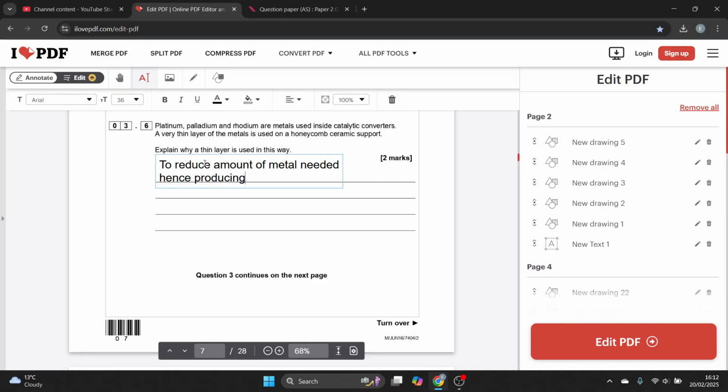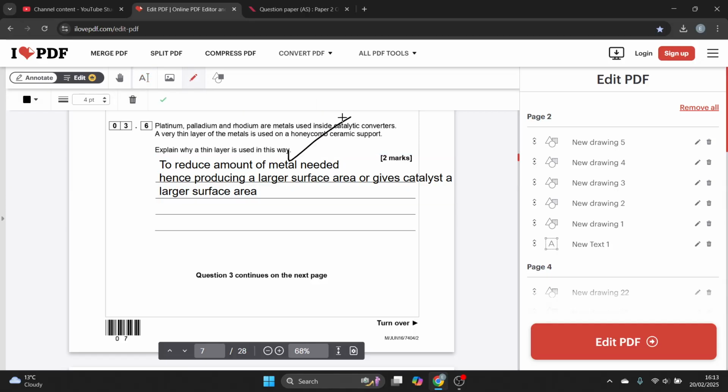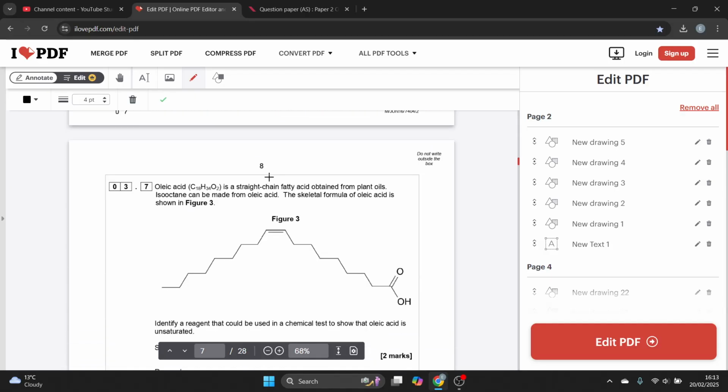It produces a larger surface area, or gives the catalyst a larger surface area. A very thin layer is used to reduce the amount of metal needed, and producing a larger surface area gives the catalyst a larger surface area.